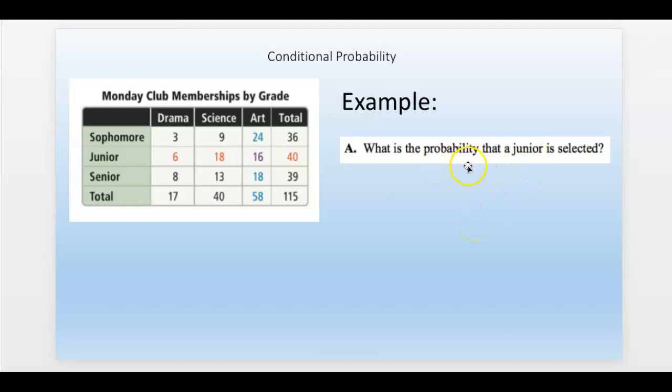All right, that's not conditional. We're looking at the total totals there, okay? So the bottom number is going to be the total, 115. And of them, the juniors, come across here, there's 40 juniors. Okay, so we have 40 over 115, the probability that we select a junior, 35%.